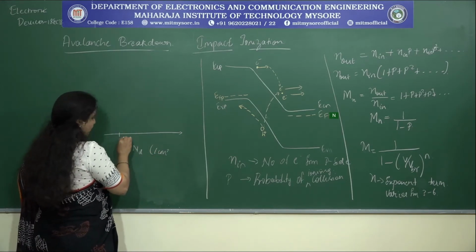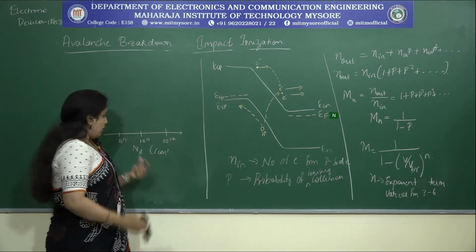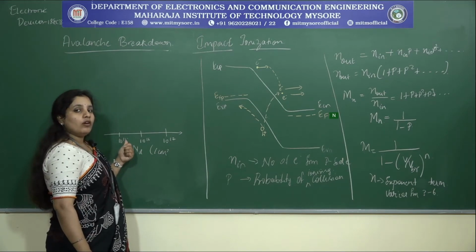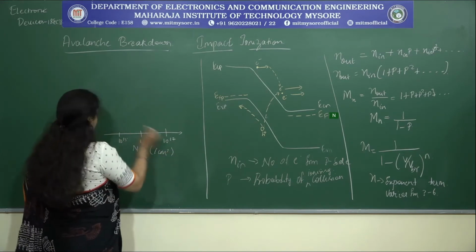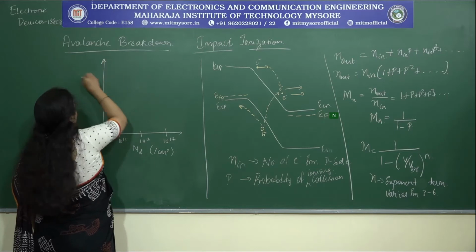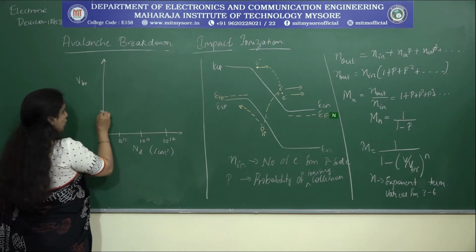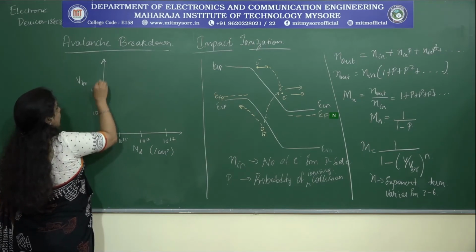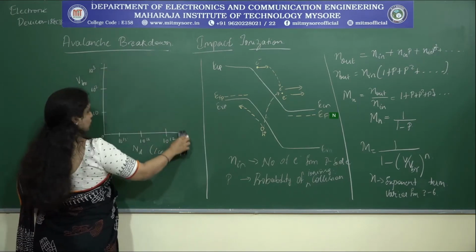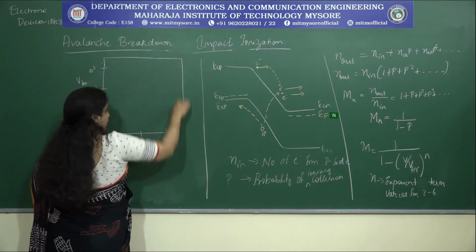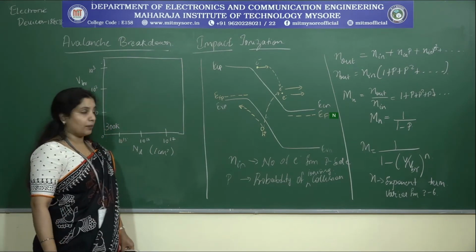Let me start the axis from 10 power 15, 10 power 16, 10 power 17 and so on. 10 power 15 donor impurities added per centimeter cube is what it indicates, right? And then we have another axis here. This indicates the breakover voltage or breakdown voltage. It starts from 0 up to 10, 10 square, 10 cube. Now let me represent it in a box kind of structure. And let me assume the temperature that I am providing is 300 Kelvin, that is the room temperature.